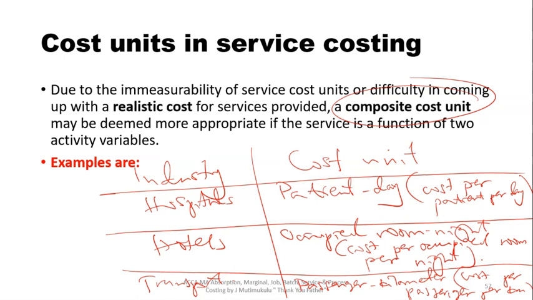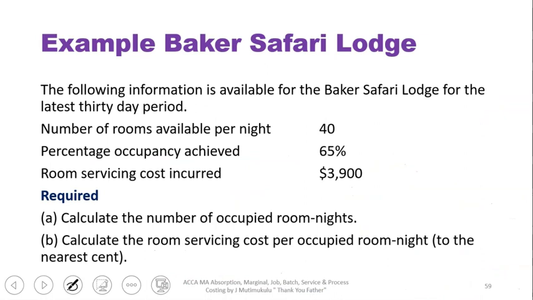I'm sure we can have a simple example, right? A simple example where we just have to rest this case amicably, right? So let's try to do this one example, all right, and then we consider this part of the lecture done, so that we'll then delve into process costing.